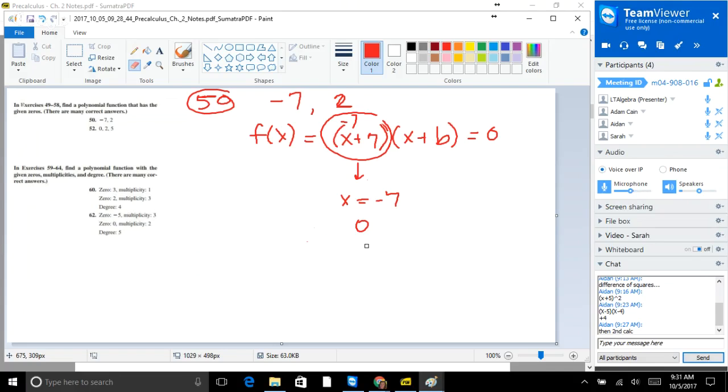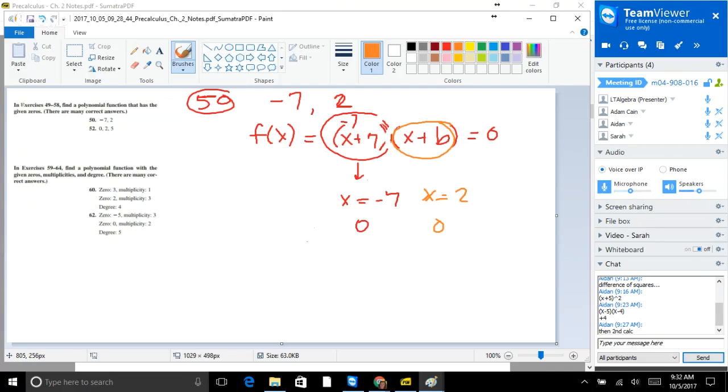So I know this term should be x plus 7 because if I plug in x equals -7, the whole term equals 0. I'll try to make this one less complex. So my second term here, I know that when I put in x equals 2, the whole factor needs to equal 0.